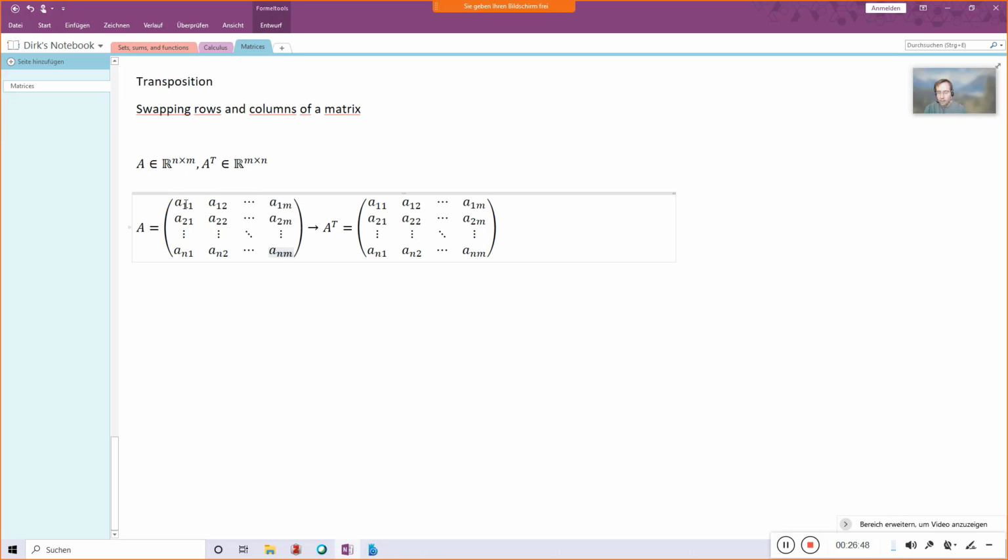So we put the elements of the first row of A into the first column. So this remains the same. So the leading diagonal elements are not swapped.